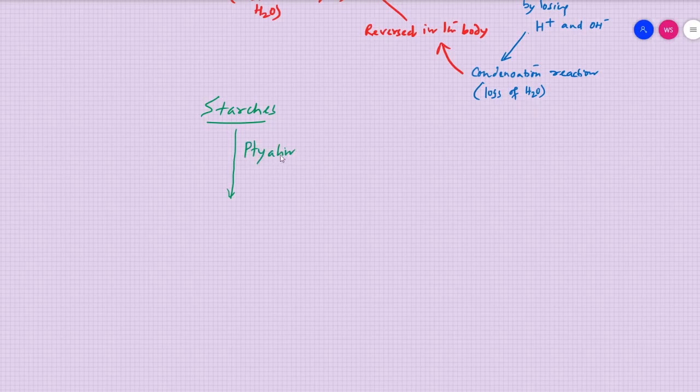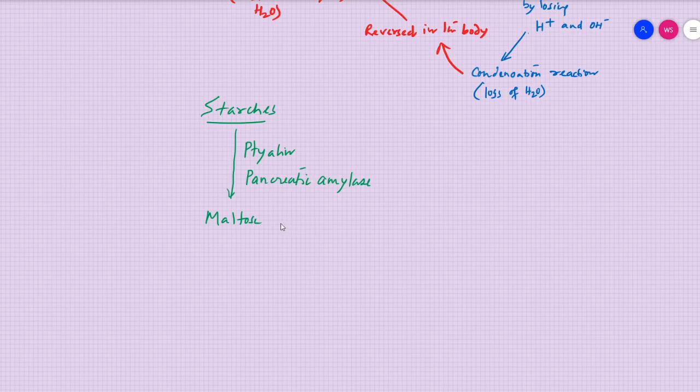That's the enzyme that digests almost 20% of the starches. Subsequently it goes into the stomach, and then reaches the intestine, where we have the pancreatic amylase, and this basically converts the starches into maltose.